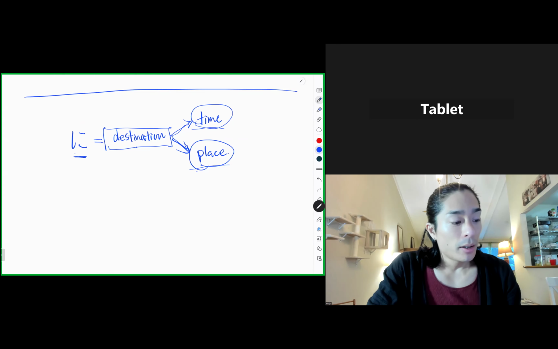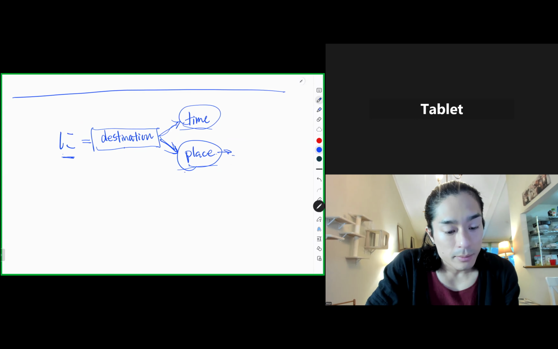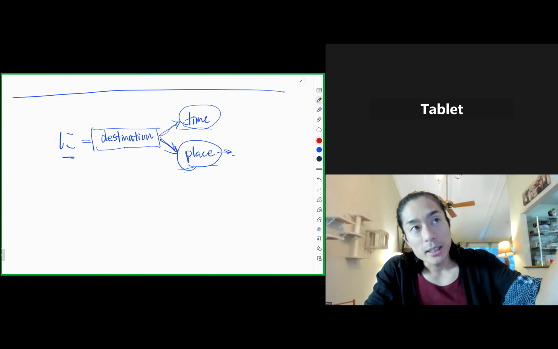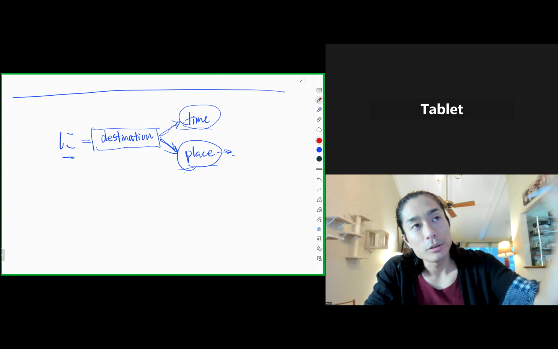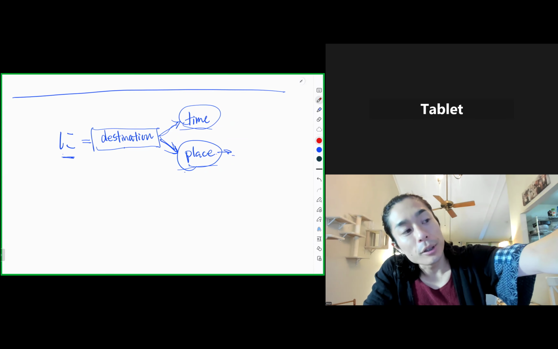Place is easier, so let's get it done first. Where you go to, where you drive to, where you swim to, where you walk to, run to, whatever the movement, right? Wherever you go to, that place is the destination.